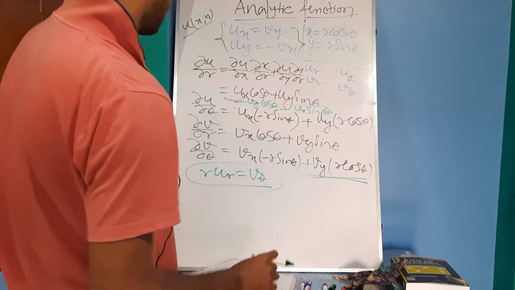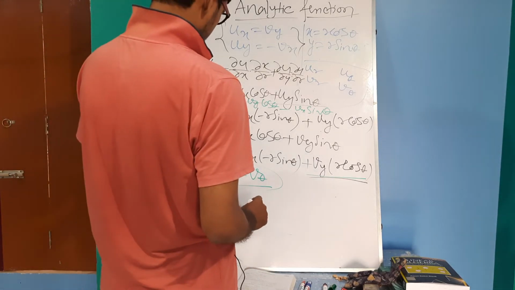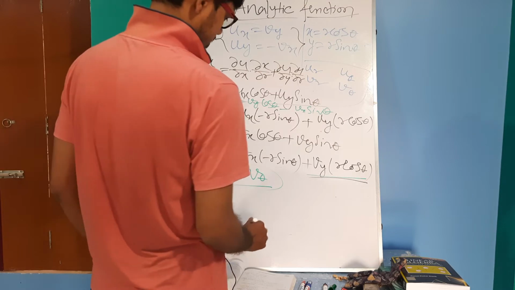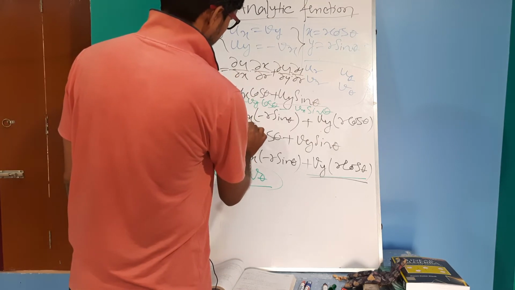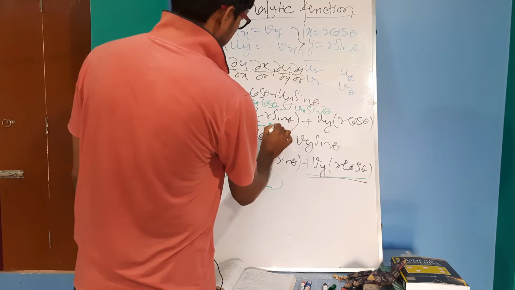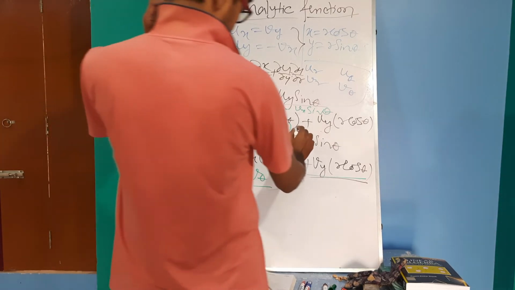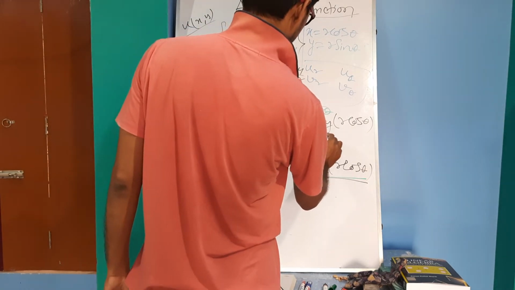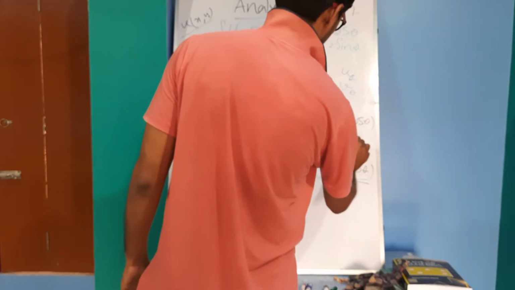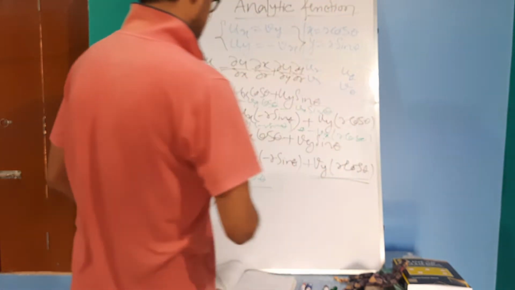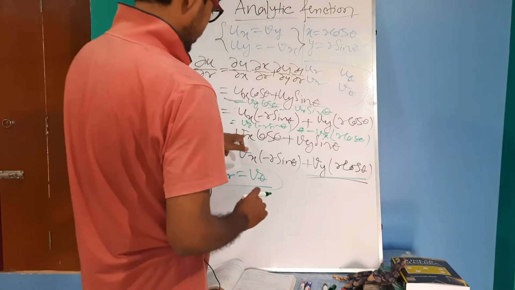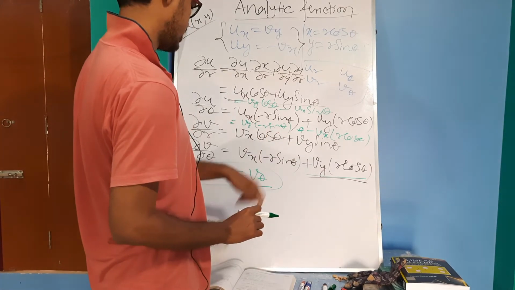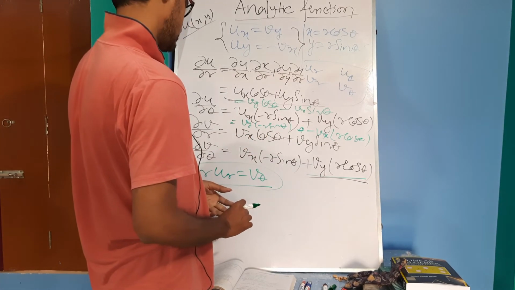Similarly, from these two equations, u_x equal to v_y, if you put it here with minus r sine theta, and u_y equal to minus v_x, r cos theta. Now take v_x cos theta and v_y sine theta, and then negation.